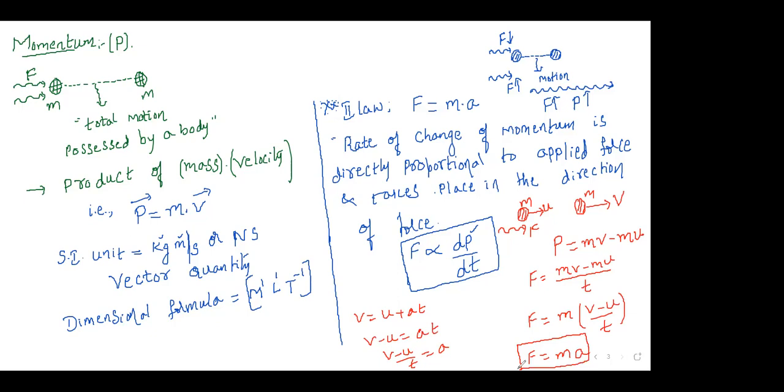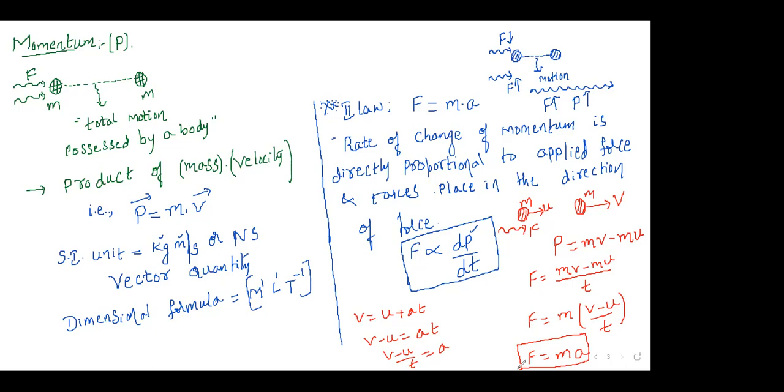So first you have to consider a particle of mass m moving with velocity u. If you apply the force, the velocity changes to v. Then what is the change in the momentum? Change in momentum is nothing but mv minus mu. So what is the rate of change of momentum? It is mv minus mu by t.